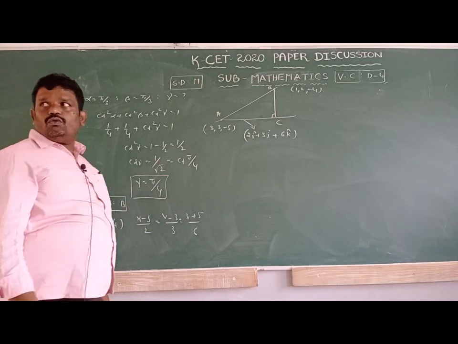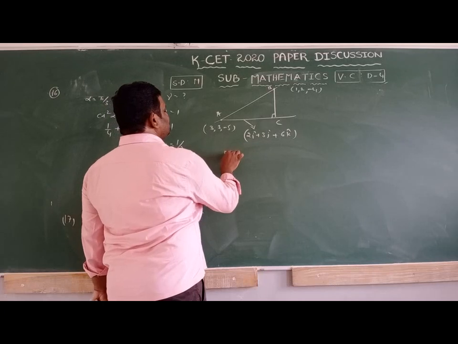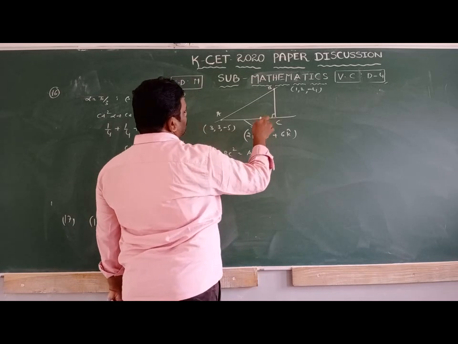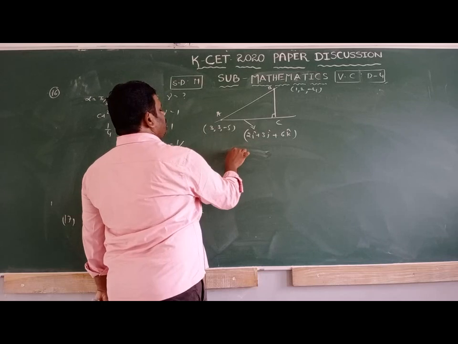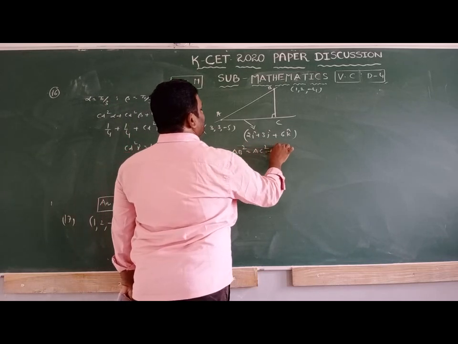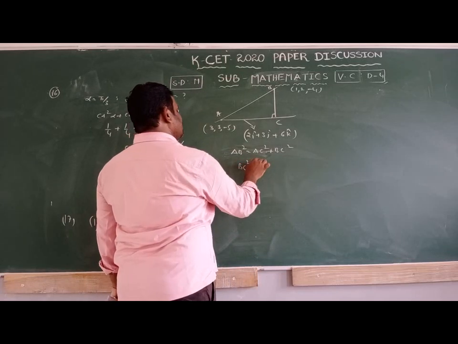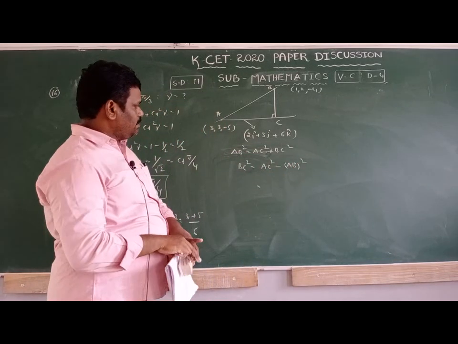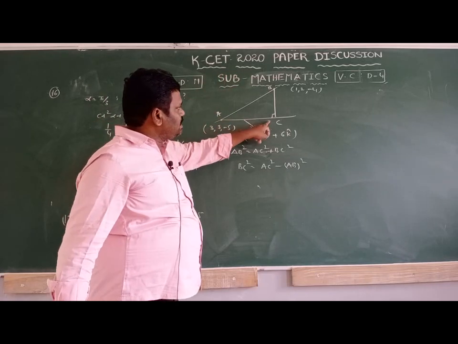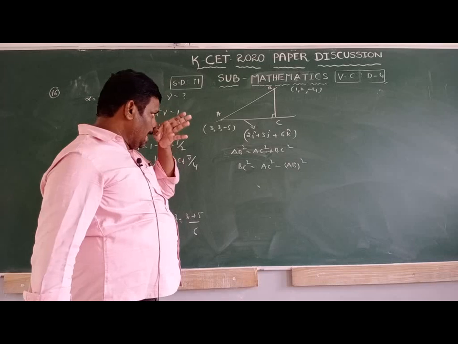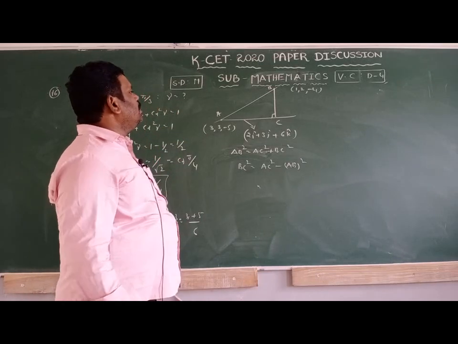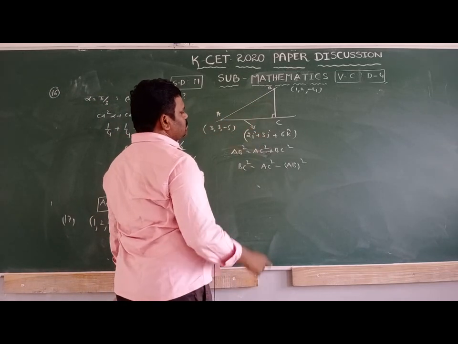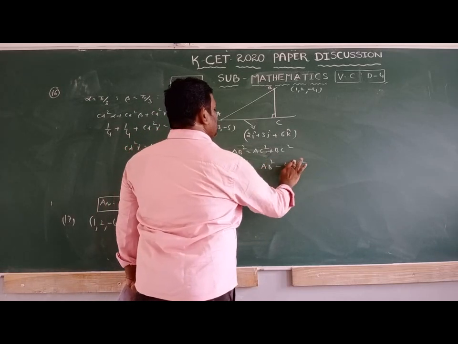Now, by the right angle triangle property, AB square is equal to AC square plus BC square, where AB is the hypotenuse. So BC square is AB square minus AC square.